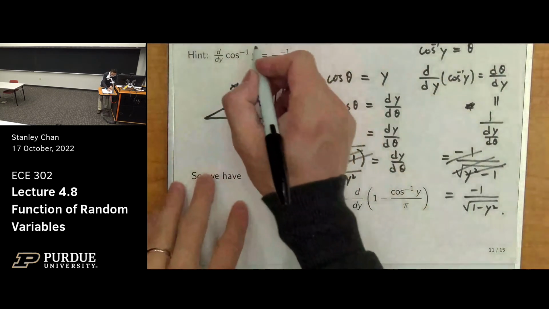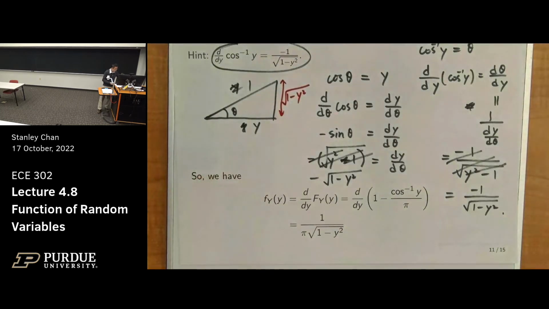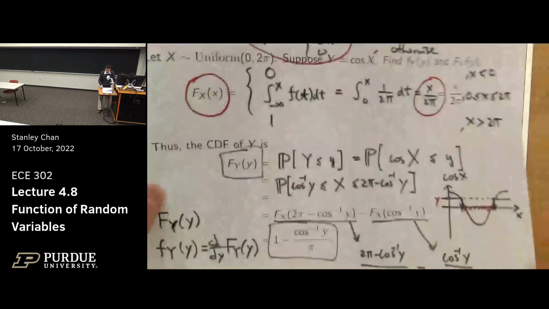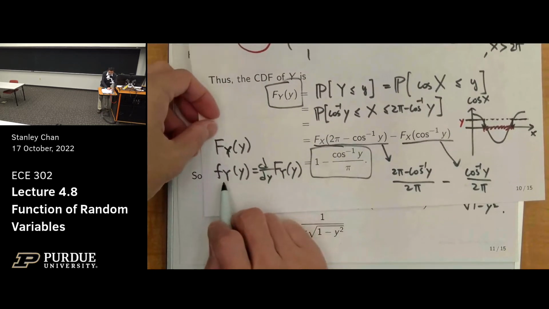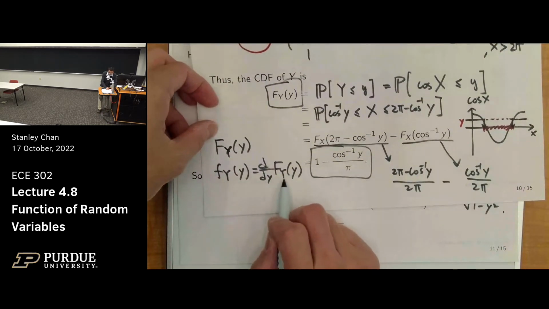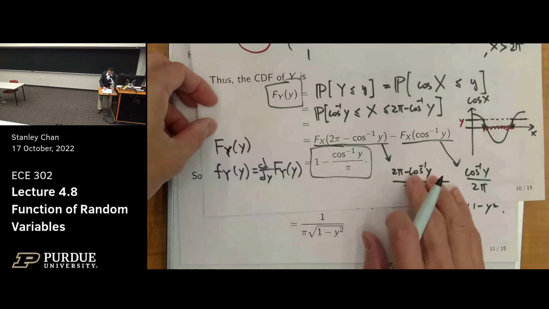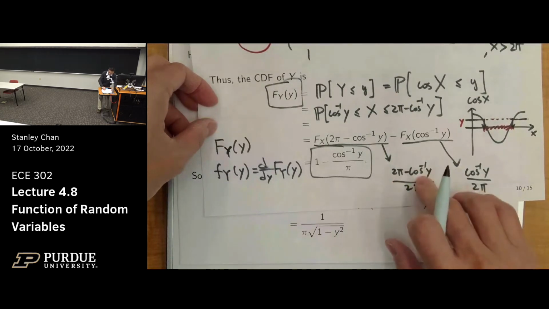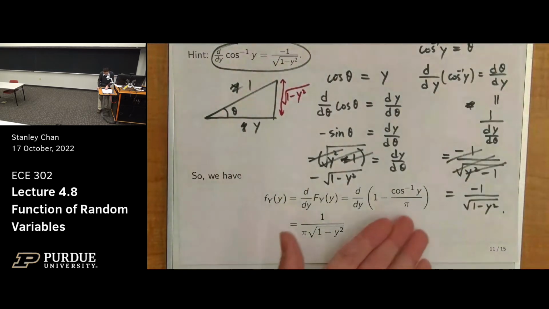So once we have found the derivative of cosine inverse of y, we can go back to the previous slide here. What do we want? Well, we want to find the PDF of this random variable, and therefore we need to calculate this derivative with respect to y. Cosine inverse of y, we have already found the formula, so we can plug it in.